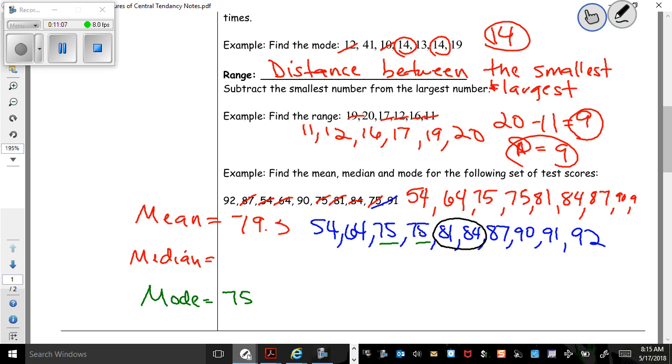Those two are the middle. So add them together. 81 plus 84 divided by 2. What do you get? 82.5. So we got 82.5 for that one.